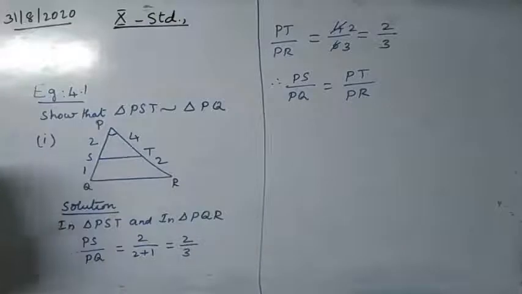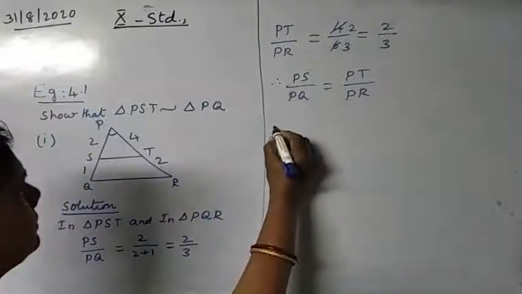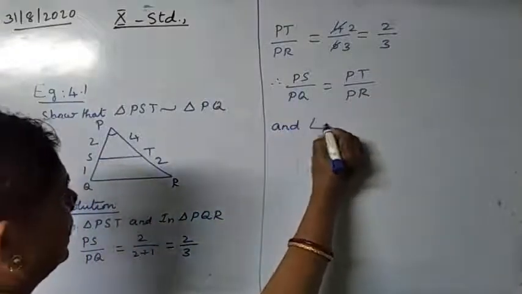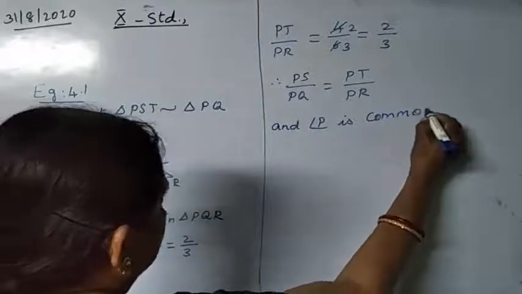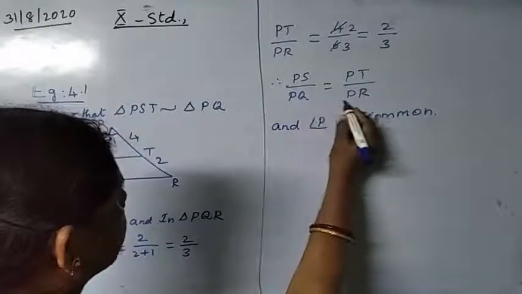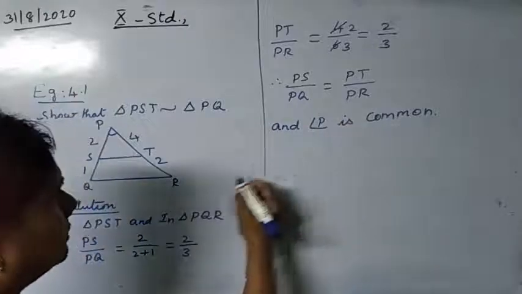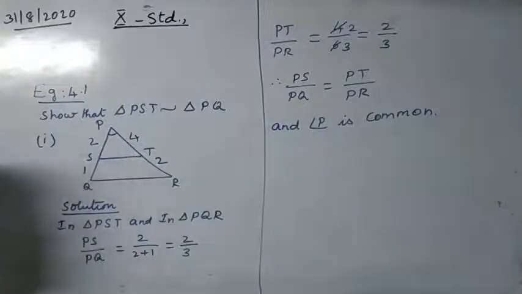So I can write two sides are proportional, and angle P is common. Now what have we got? Two sides and an angle. So what similarities have we studied? AA similarity, SAS similarity, SSS similarity.